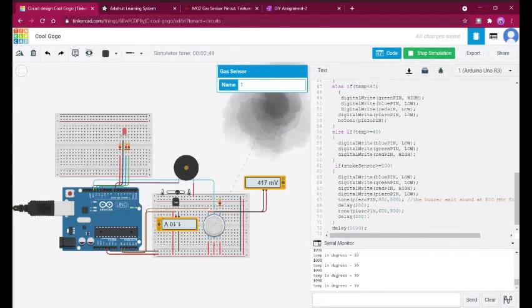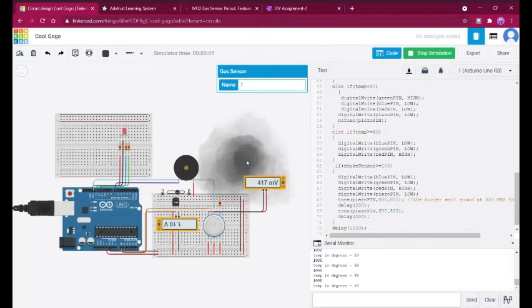And also we get the red light from the LED. And you can observe the change here.